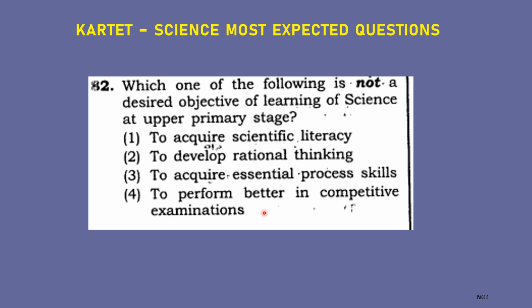You have to study science as most essential for our daily life, but it does not depend upon marks, whether you come first rank or second rank. It is not based on competitive examinations. Therefore, the fourth one is the wrong objective of learning science. Other than this, the remaining three are very important.